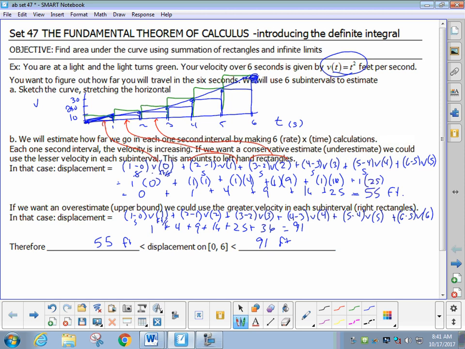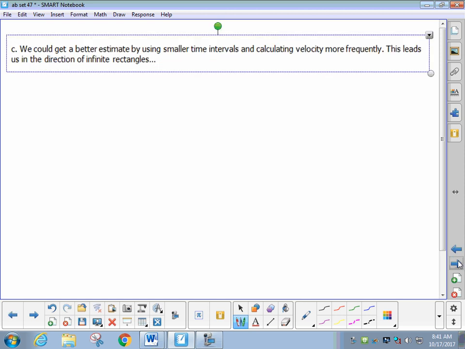It feels like rectangles with zero base should result in zero area. And yet, while the base of each rectangle is going to zero, the number of rectangles is going to infinity. And so the play between those two will give you the perfect area. That, to me, is one of the beautiful ideas of calculus: the play between infinitely small and infinitely many.